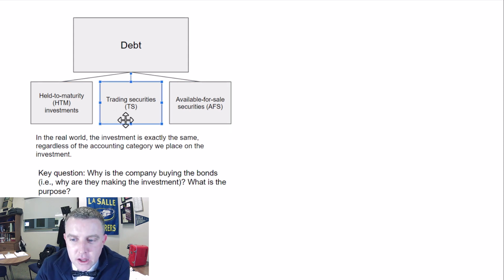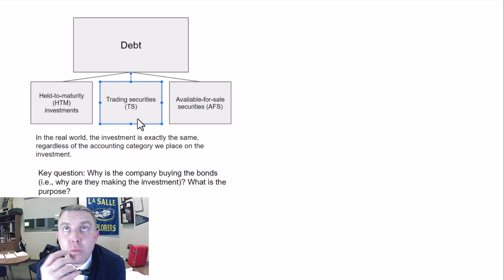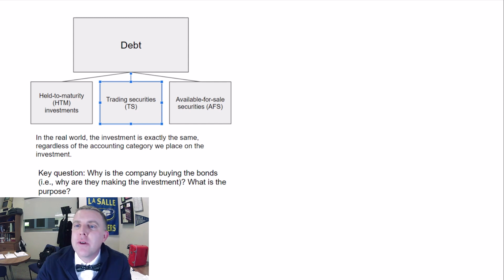Okay. So if the investor has all these different intentions, it can get a little confusing. So we have, let's put another shape in here.